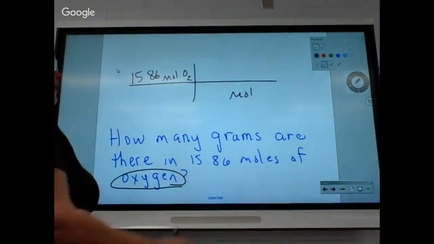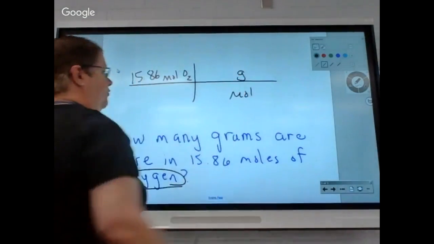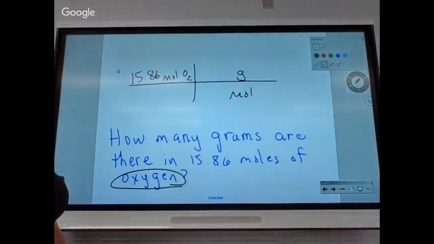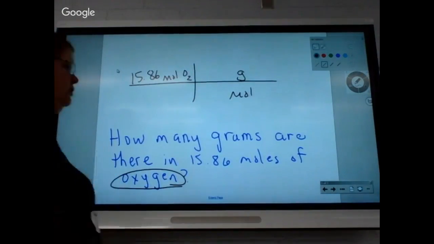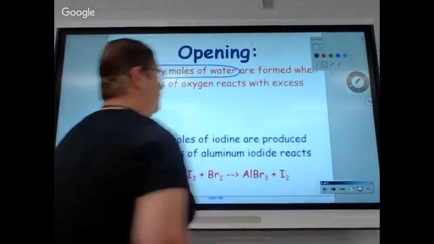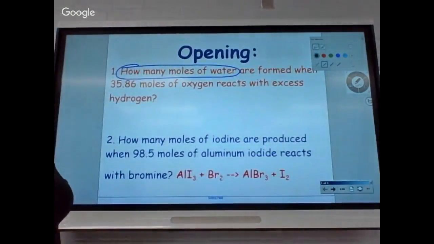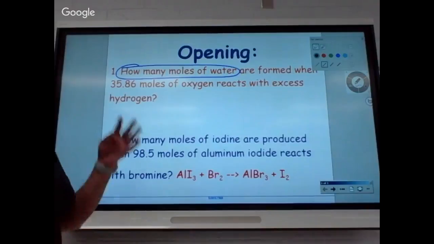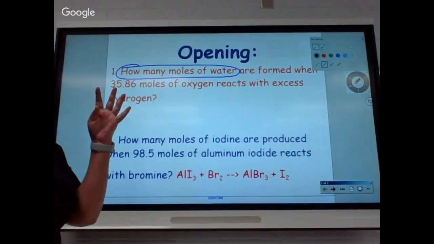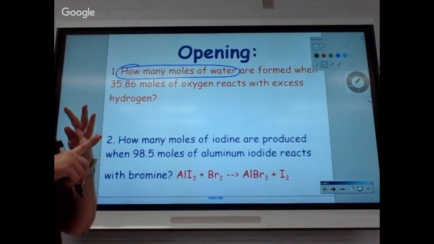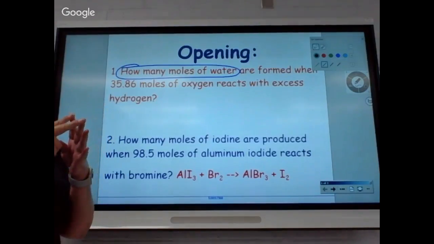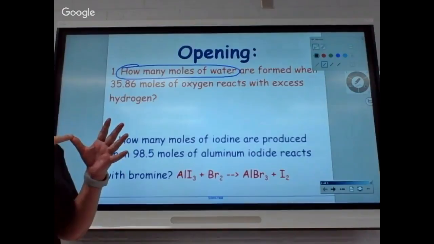No, there's no need to write the oxygen because we're just going from moles to grams because there's only one thing in the question. Do y'all see the difference in this question and this question? Okay? I point this out because there's only 4 questions we're going to learn to do. Theoretically, you should have learned at least how to do 1 last week. Hopefully, we're going to learn to do 2 today, 1 Wednesday, and the test is when?